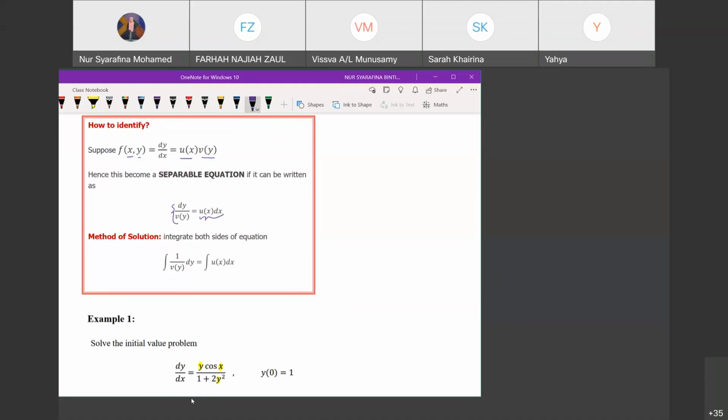So it can be written just like this, y over 1 plus 2y. Just separate y with dy, x with dx. This one, just put it to the left hand side. So what should you get?